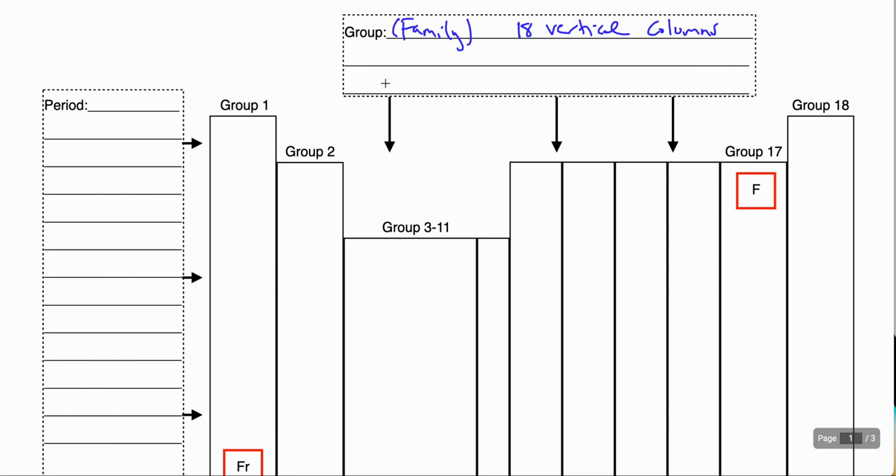When we are talking about the elements in a group or in a family, we always talk about their trends top to bottom. The reason that elements within the same vertical column are referred to as a family is because they have similar properties.